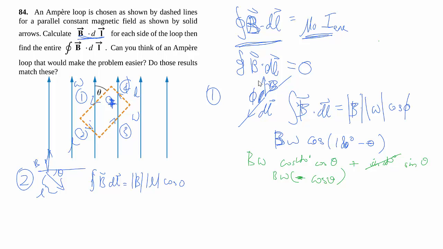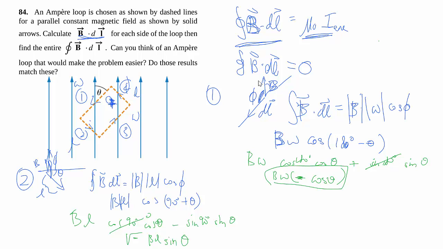And again we do cos phi, the angle between the two vectors, which in this case happens to be 90 plus theta. Again, I'll break this up into BL times cos cos minus sine sine: cos 90 cos theta minus sin 90 sin theta. We know that cosine of 90 is 0, and sine of 90 is 1. So we end up with negative BL sine theta.